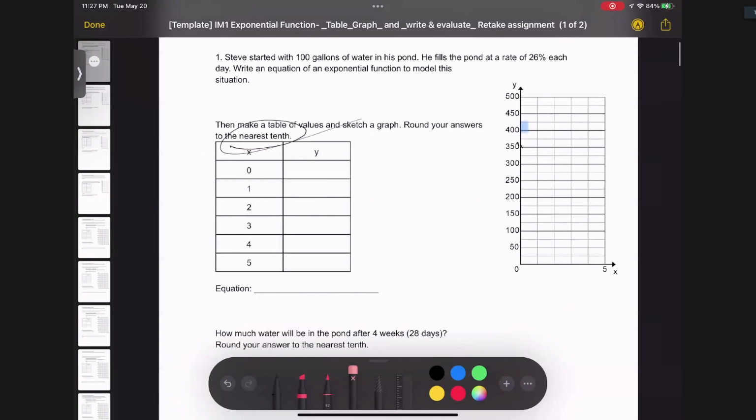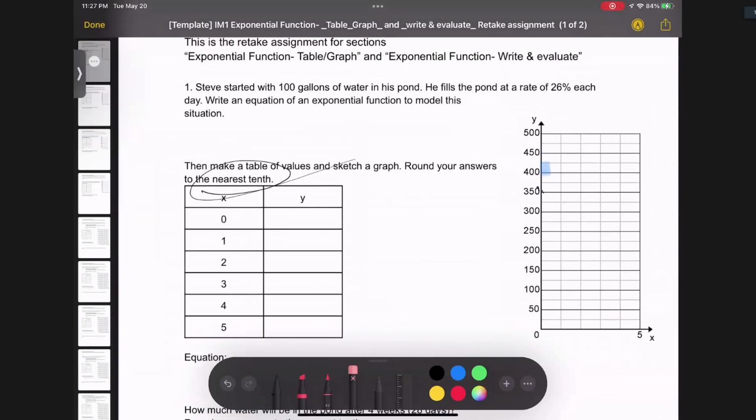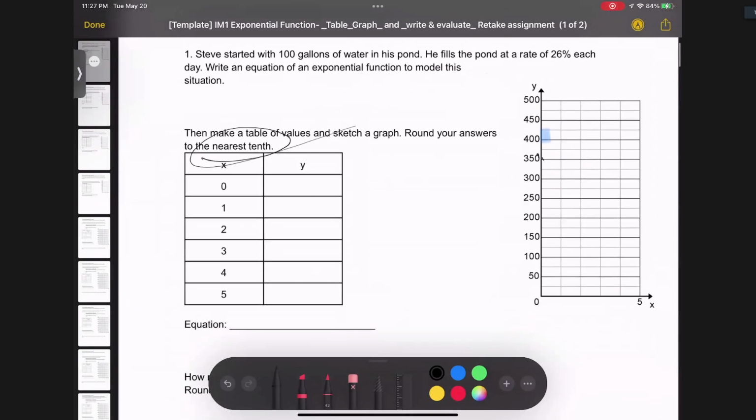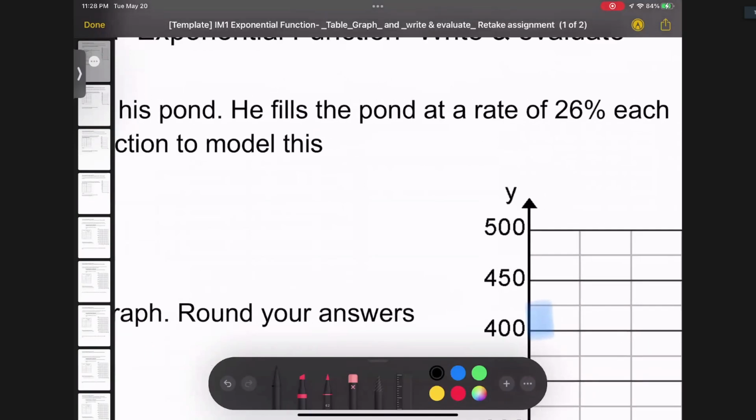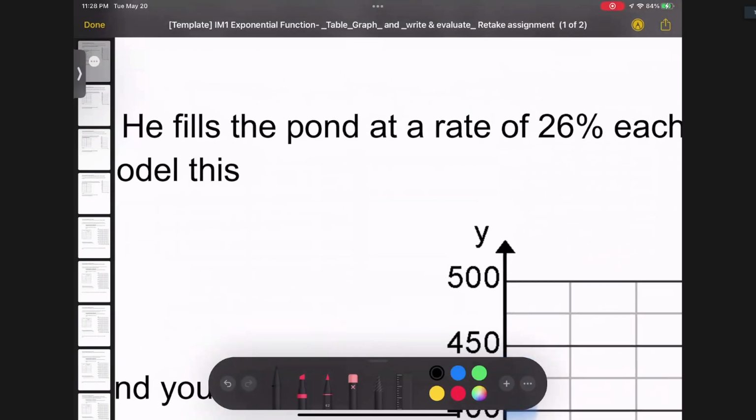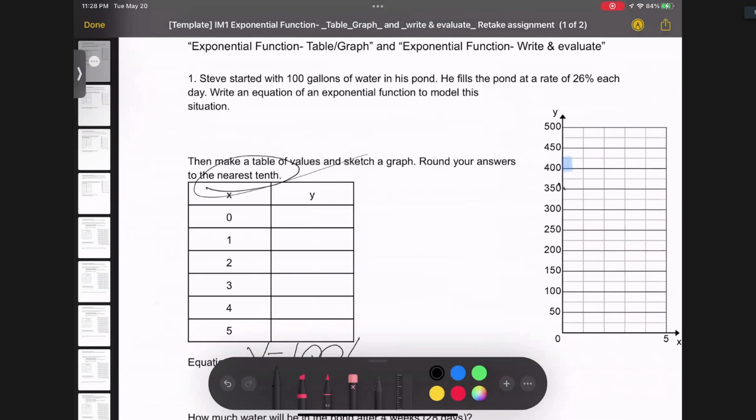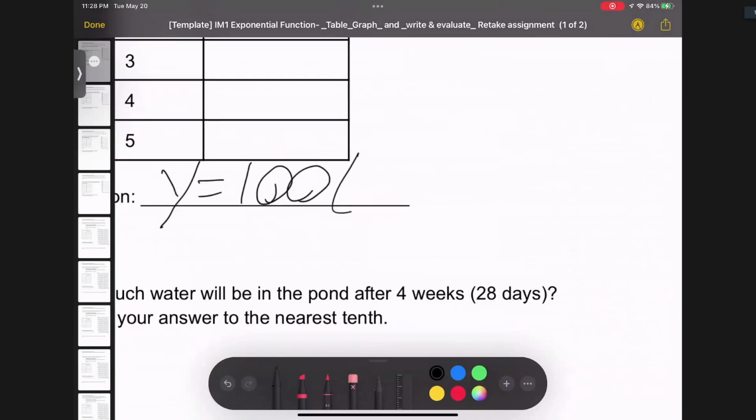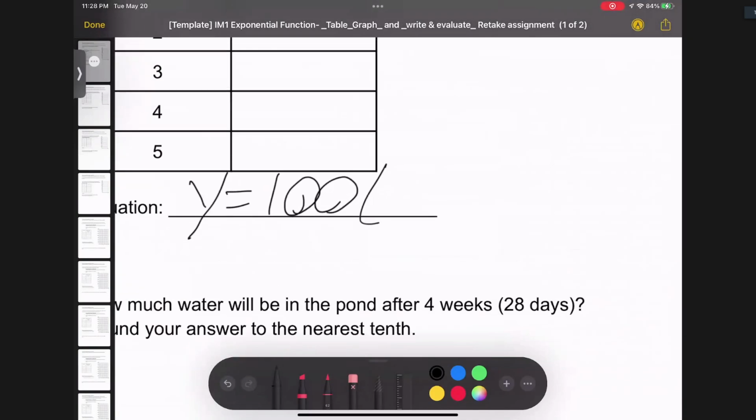This one I'll just give you the equation for. Let me just see because I'm already here. Okay, so I'm starting at 100 gallons, so that's going to be y is equal to 100. It fills the pond at a rate of 26% each day. So they're filling up 26% of the pond every single day. So they're increasing that pond real quick.